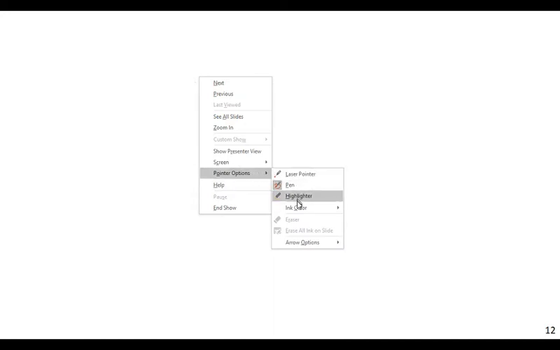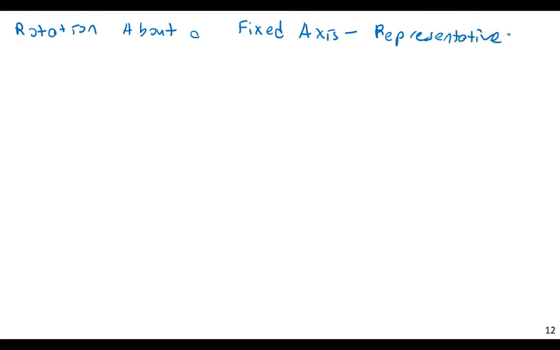Rotation about a fixed axis, representative slice.